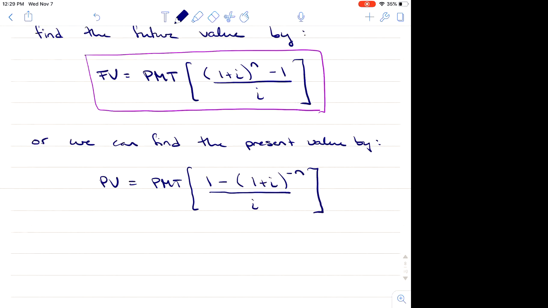So your timelines now are going to be oh so important, right? Because whether you know the future value or your present value, or want to know the future value or want to know the present value, that's going to dictate which formula to use.